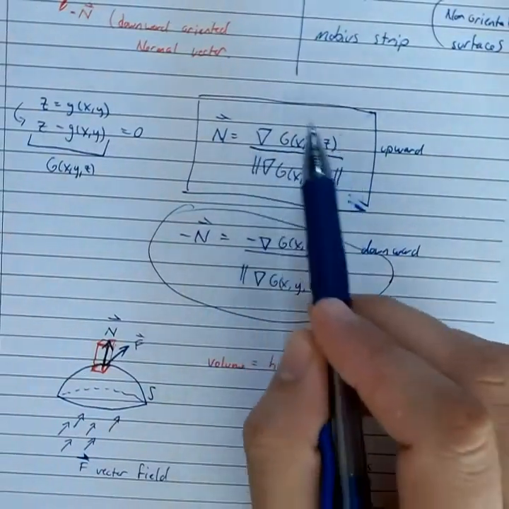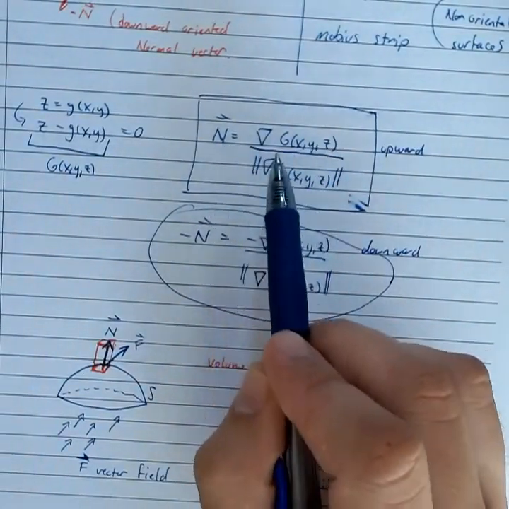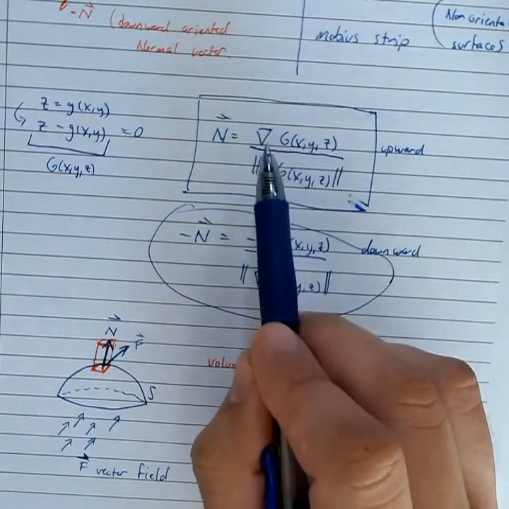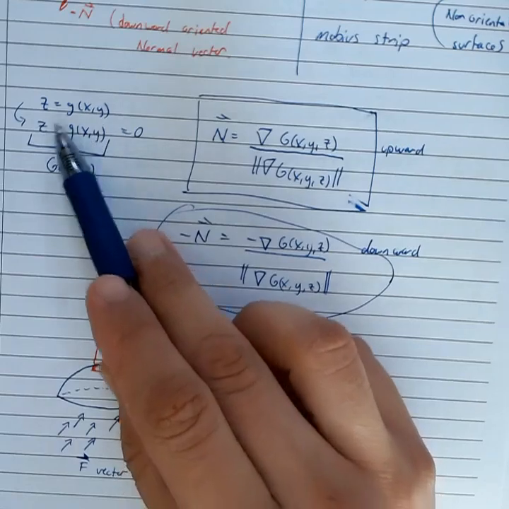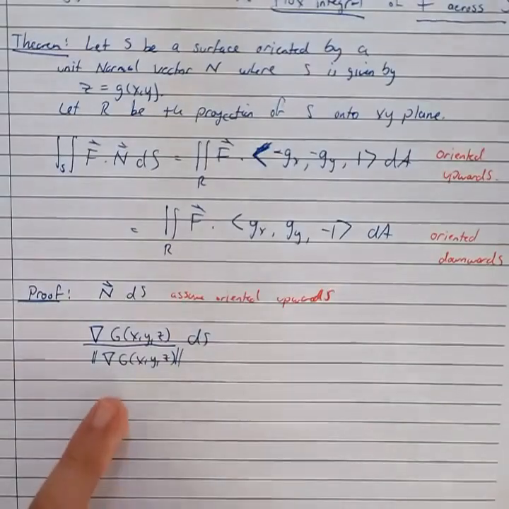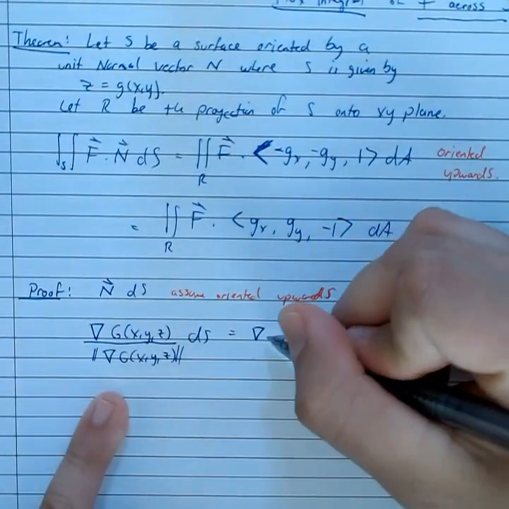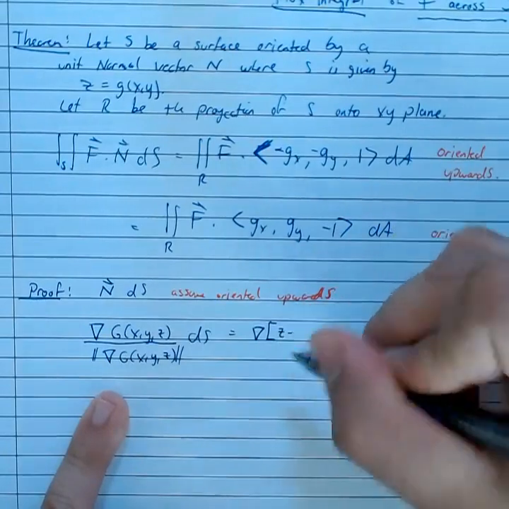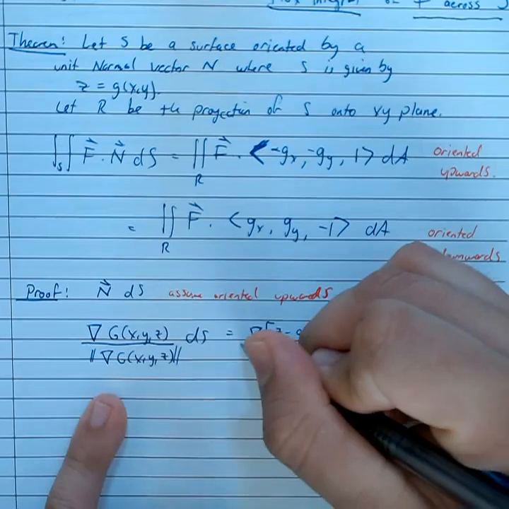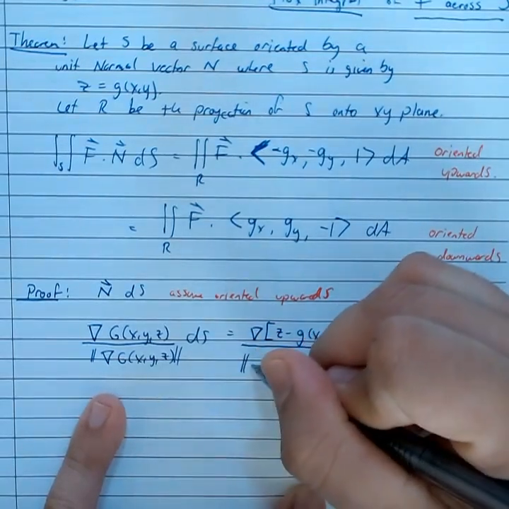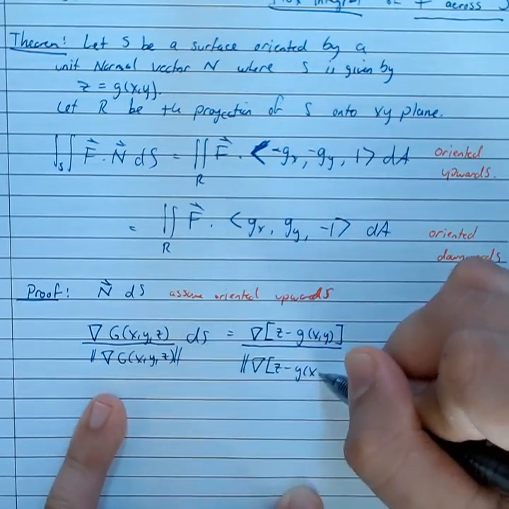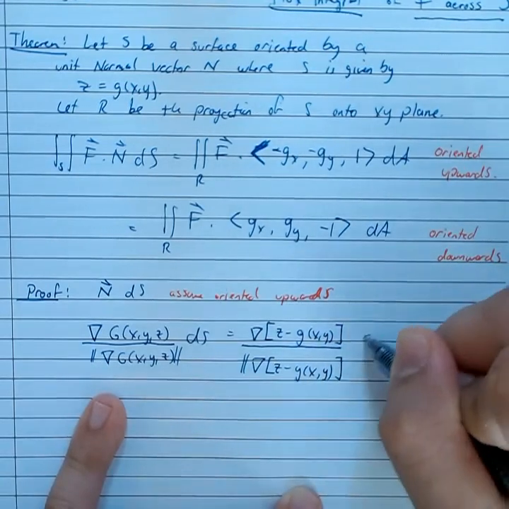The upward oriented n is given by the gradient of capital G over the magnitude. But remember, the gradient of capital G is the gradient of this thing, z minus g. So here we can write this as the gradient of z minus g of x, y over the magnitude of the gradient of z minus g of x, y dS.